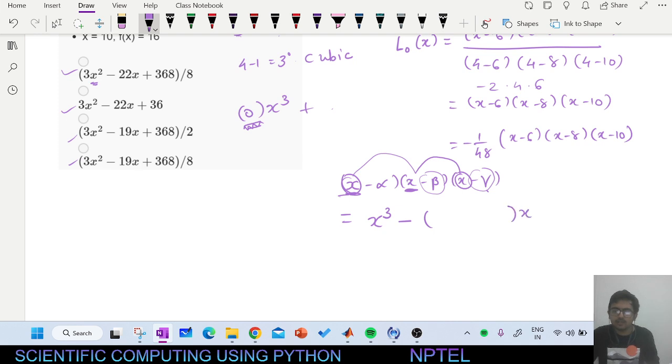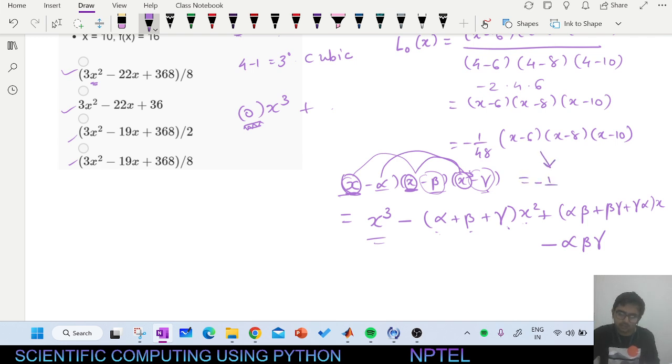So all in all, x square will have minus alpha plus beta plus gamma. And we know this alpha, beta, gamma are just the roots, right? So minus of that should be the sum of the roots. And then the next one is the pairwise product, right? Because you are using just x, so you have to use alpha into beta, then beta into gamma, and gamma into alpha, times x, and the last one will be just alpha beta gamma with a negative sign, right? So if you remember this, you can expand this.